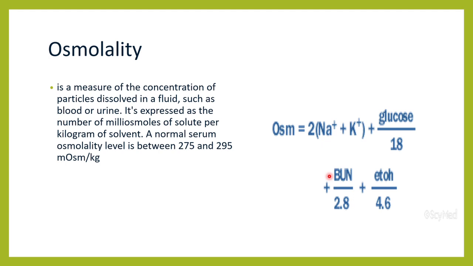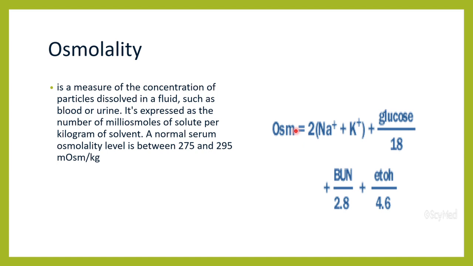Before we understand the relationship between sodium and water, you also need to understand the concept of osmolality. Osmolality is a measure of concentration of the solutes which are dissolved in the fluid. Here we are talking about osmolality of blood or osmolality of the urine.